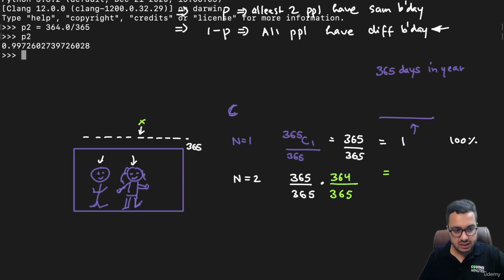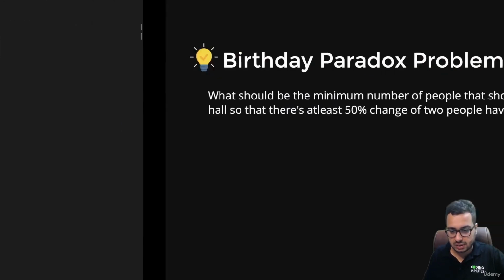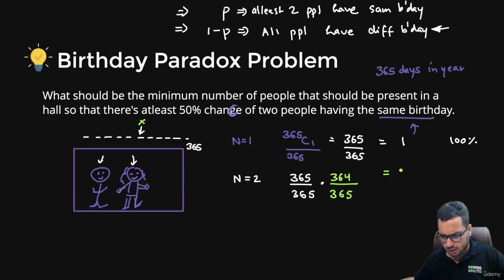And what is P2? It is 99.72. So that means there is a 99.72% probability that these two people will have different birthdays.